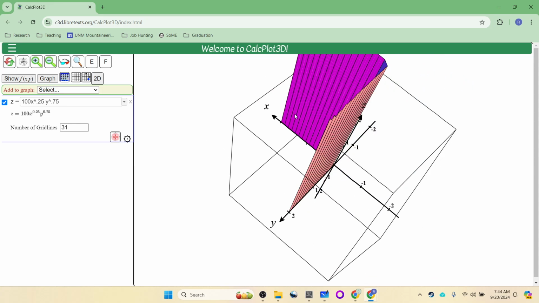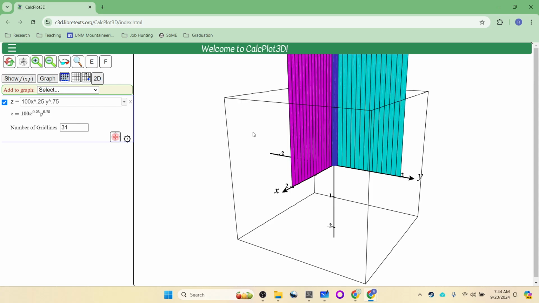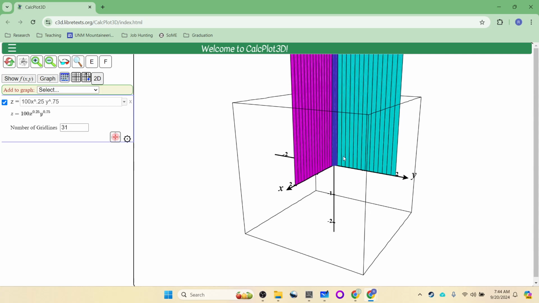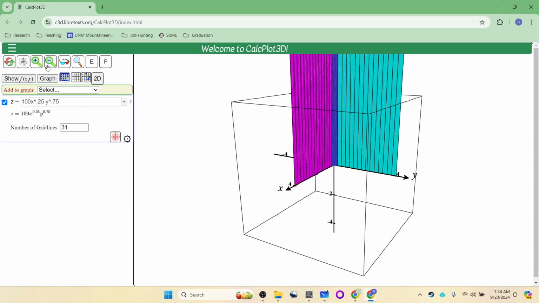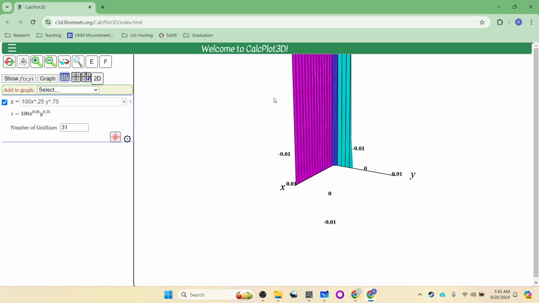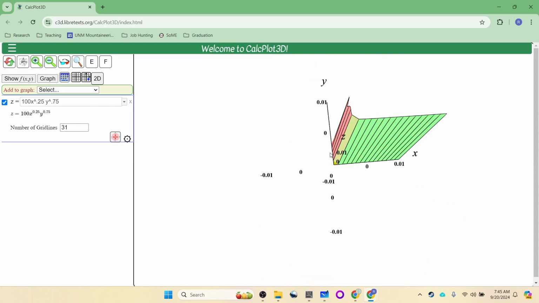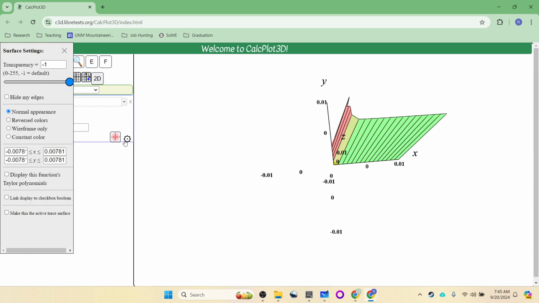Let's look at that. Maybe we need to zoom out a little. Okay, this is not as pretty as I hoped, but look at the edges there. Let's see if we can get some level curves on this.